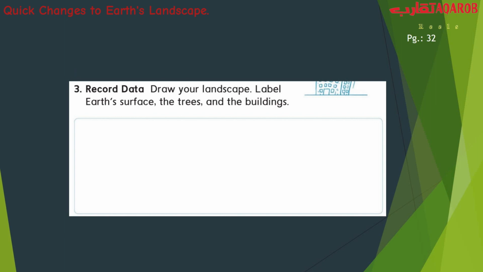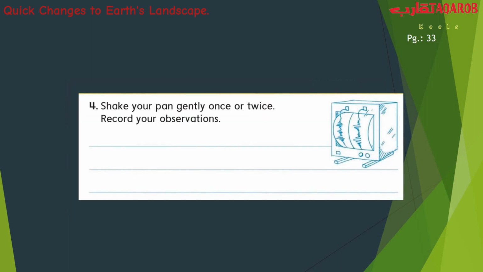Now let's move here. After the gentle shaking, you have to draw your landscape after shaking here. And you also have to label the Earth's surface, the trees, and the buildings.